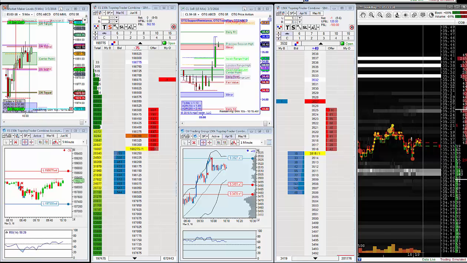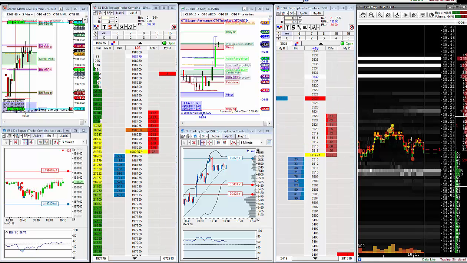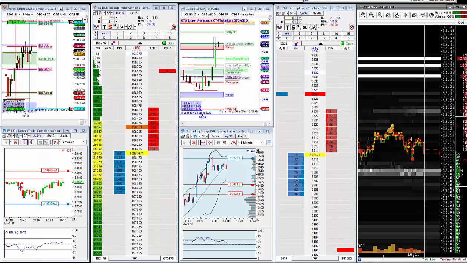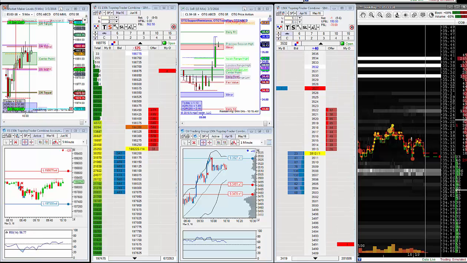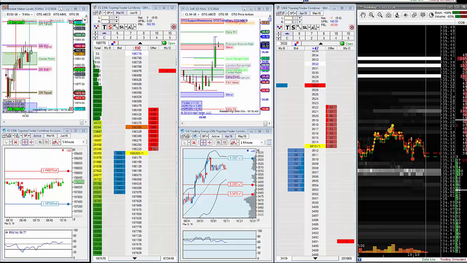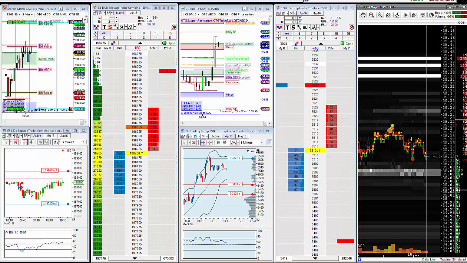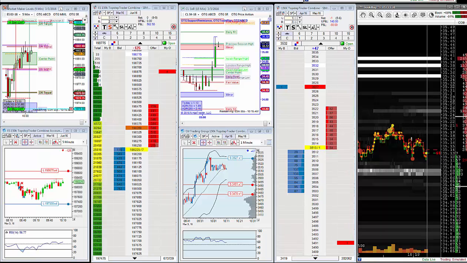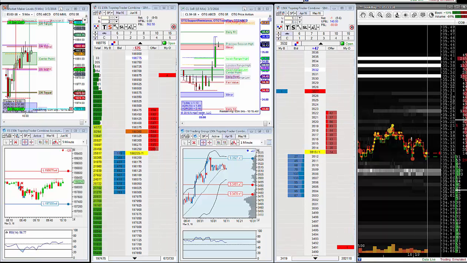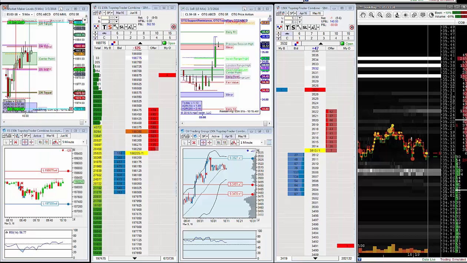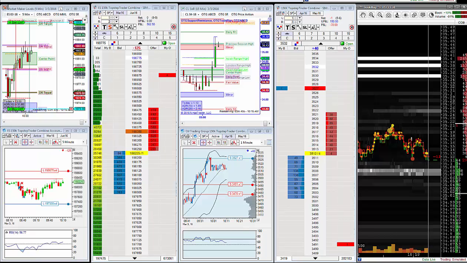$1986.75 is the short that I'm looking for on the ES. All right, there's 12.